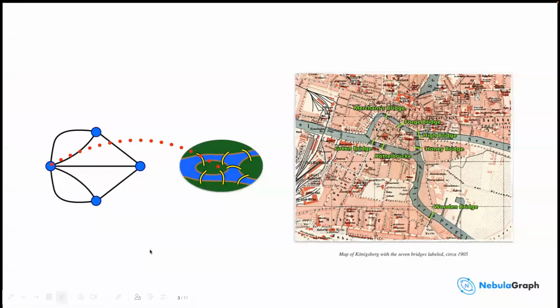Okay, so what is a graph? I think most of us already know, so I'll quickly walk you through. The definition of graph was initially triggered during a study of an old question called the Seven Bridges problem. That is an old city in Europe.